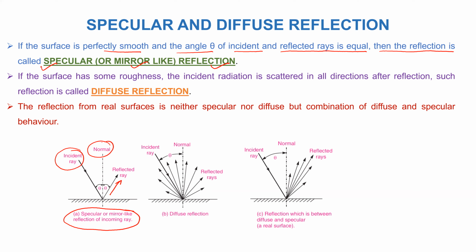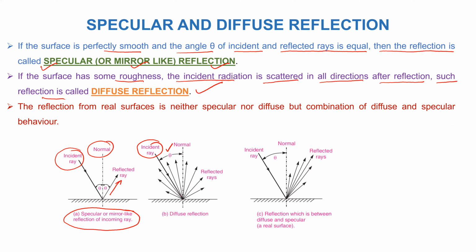Similarly, we can have the diffuse reflection. What is diffuse reflection? If the surface has some roughness, the incident radiation is scattered in all directions after reflection. Such reflection is called diffuse reflection. You can see this is the incident ray. It is coming at an angle theta.